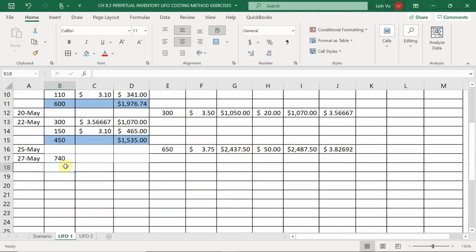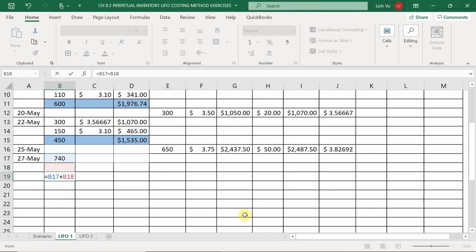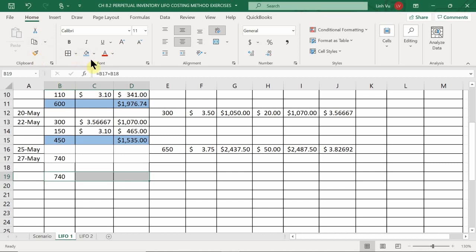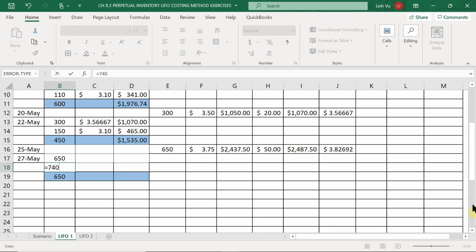And then I'm going to take my remaining to get to a grand total of 740. Right? So in this case, I'm going to highlight this. So if this was 650, and I need to get to 740, that means I need to eliminate 90.